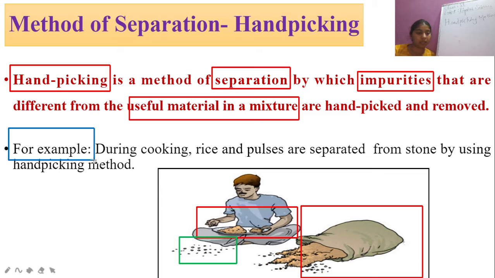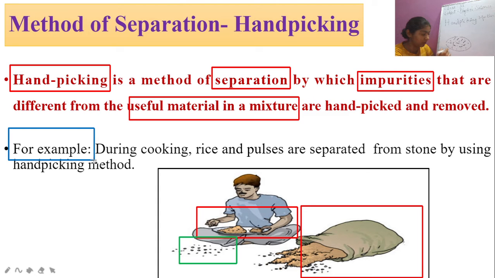Such as if we have a plate containing some rice, and in between we have some stones, it is a mixture, right? So we have rice and some stones, right students? We can use the hand picking method to remove the stones. This is the method we can use for removing stones from rice before cooking.